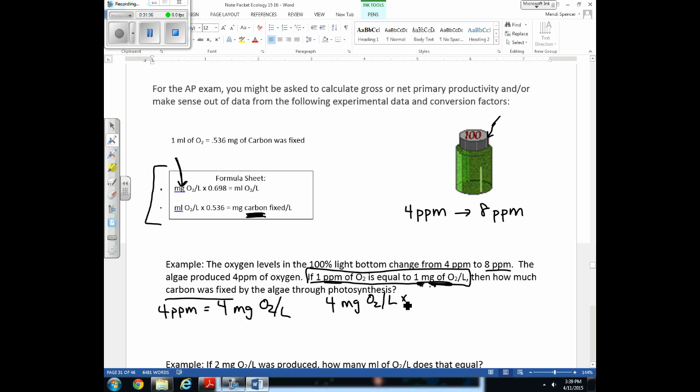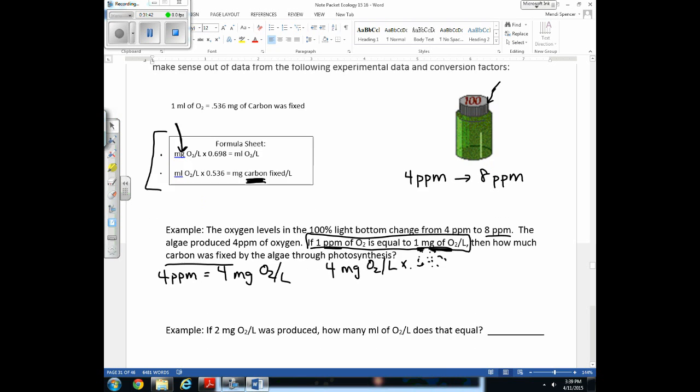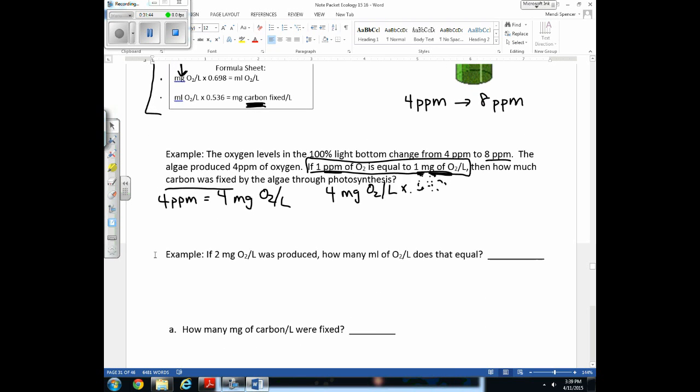We're going to multiply it by what the formula tells us to multiply by, which is 0.698. And that gives us 2.8 milliliters of oxygen per liter.